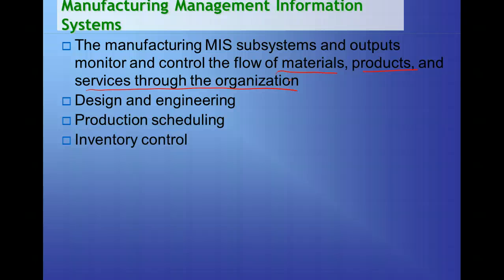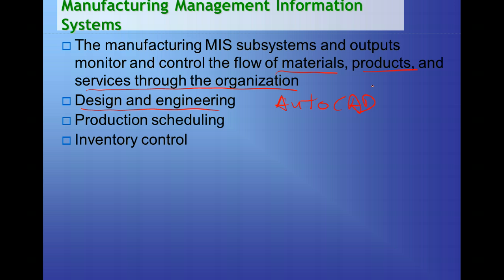Okay, some subsystems of the manufacturing MIS also include design and engineering, where companies use computer aided design software. For example, you have heard of AutoCAD before, where they can design 2D, 3D models.